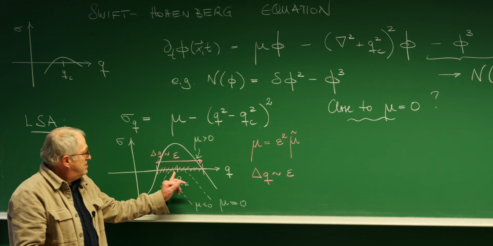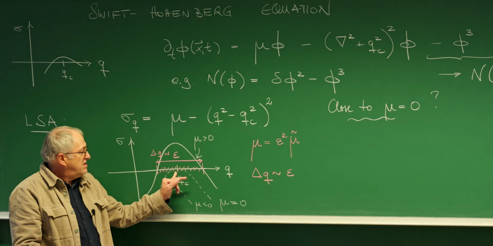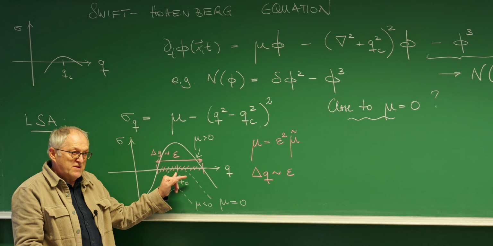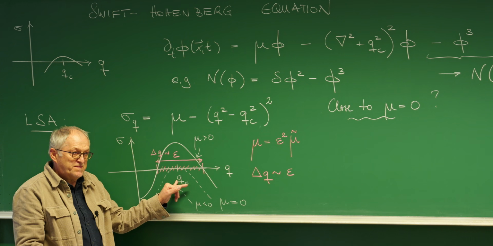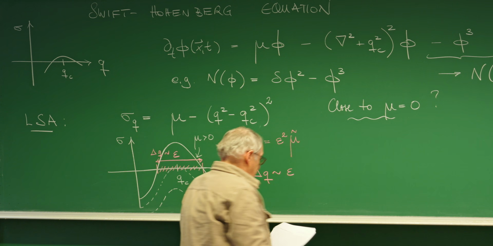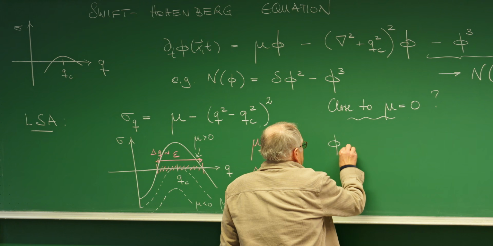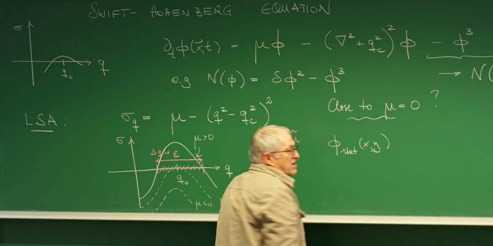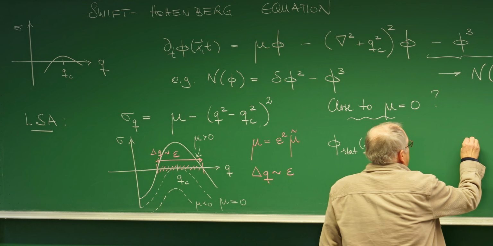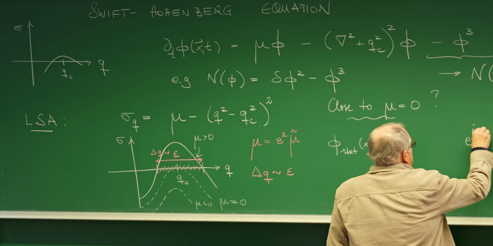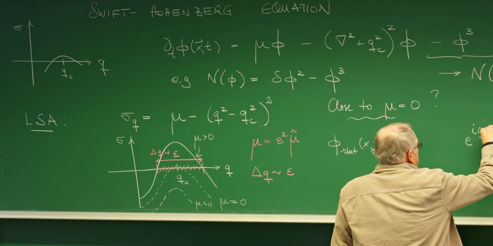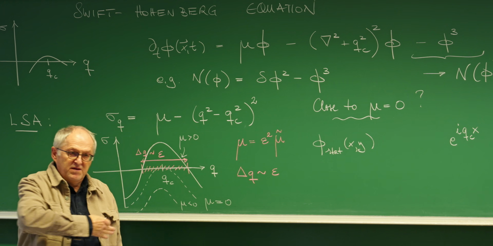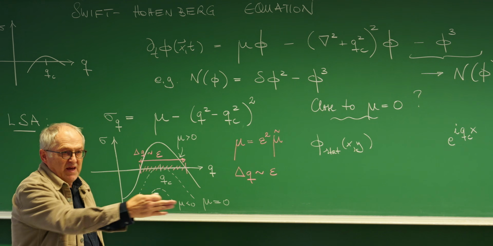When you look at the dispersion relation, then there will be, if you're a little further up, a dominant mode right at QC. So our stationary distribution, you might guess, has a contribution e to the i QC x, where I choose my pattern to be a plane wave pattern along the x direction.